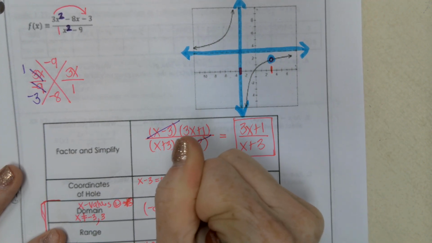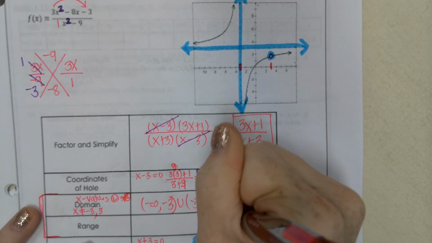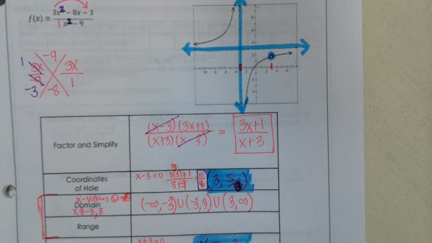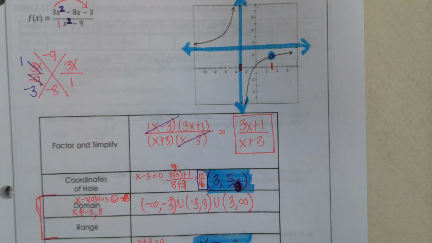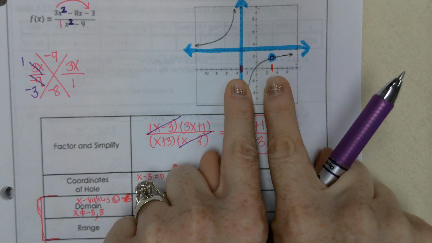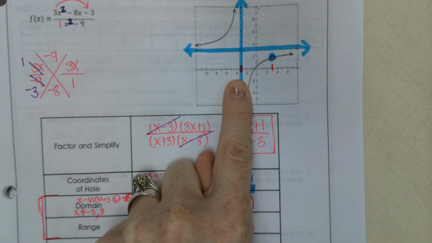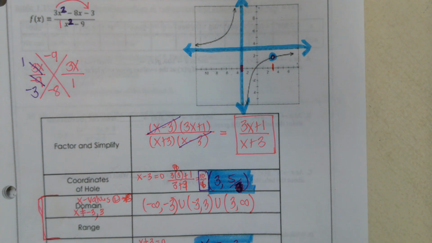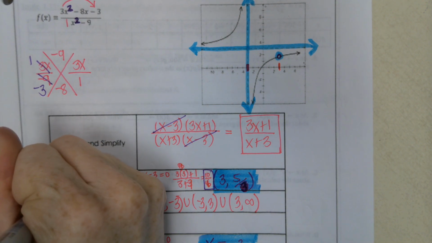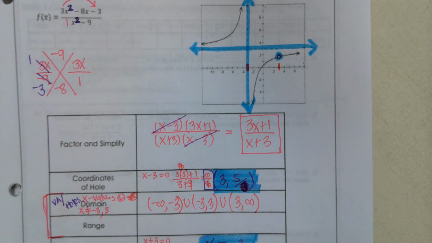And then I go from -3 to +3. And then I go from +3 to infinity. I am just leaving out the values that I just marked that I said were off limits. They are off limits because of the vertical asymptotes and the holes. Okay? So, vertical asymptotes and holes affect my domain.